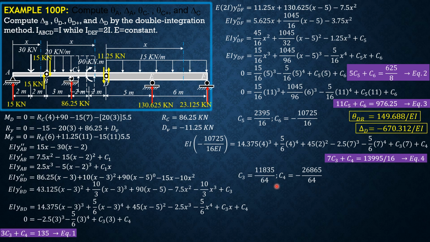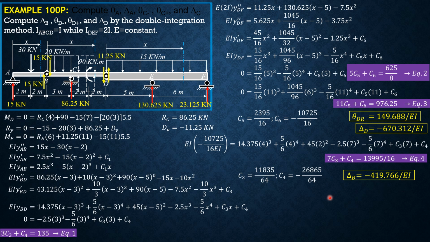So therefore, delta B, express this c sub 4 in decimal, that's the deflection at B. So negative 26865 over 64 in decimal is negative 419.766 over EI.